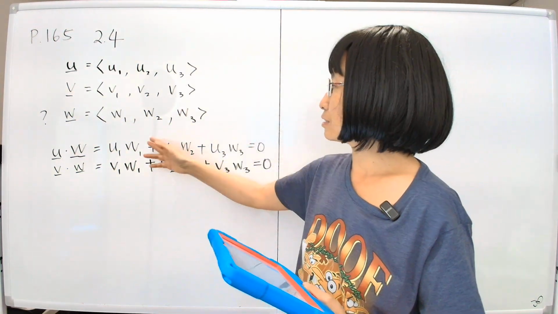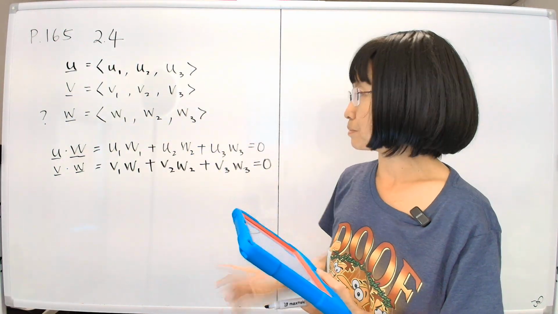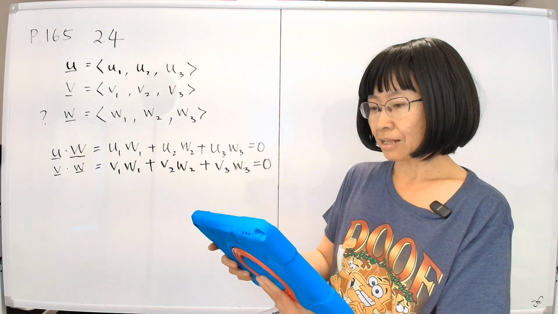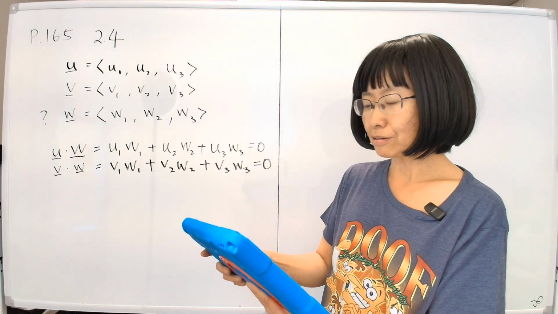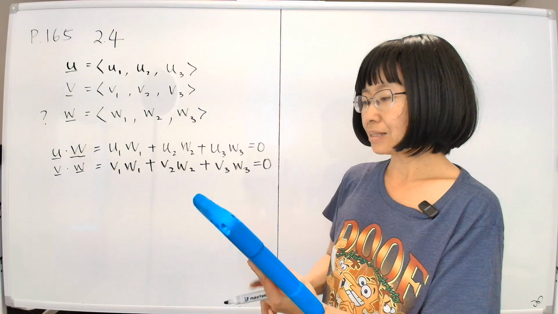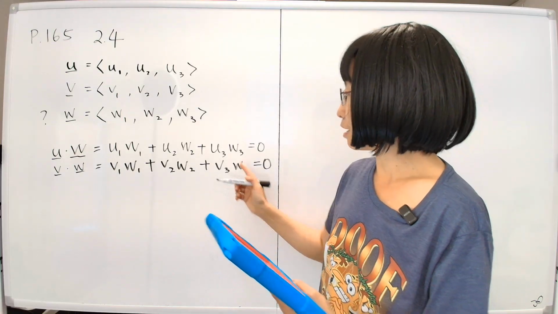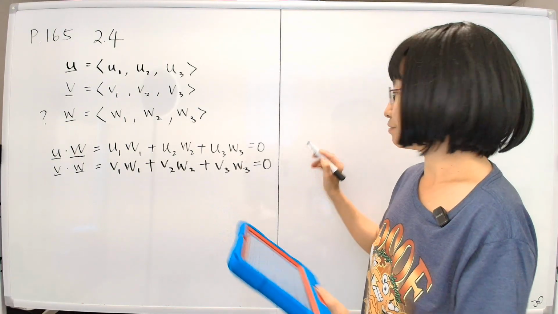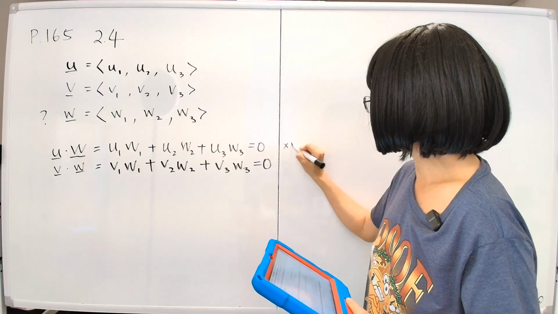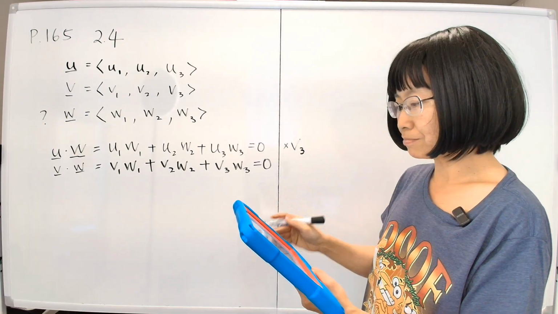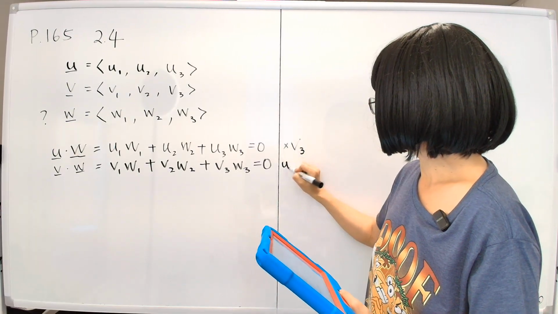So we can do that with just 2 variables, as I demonstrate here. First, we have to do a bunch of multiplication: we'll multiply the top one by v3, and then the bottom one by u3.